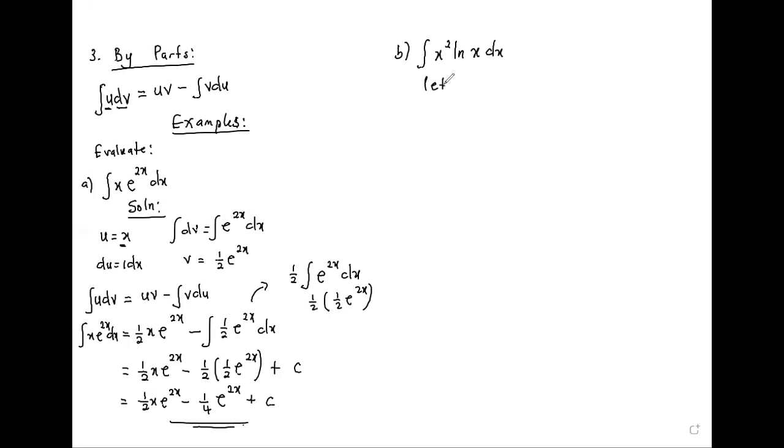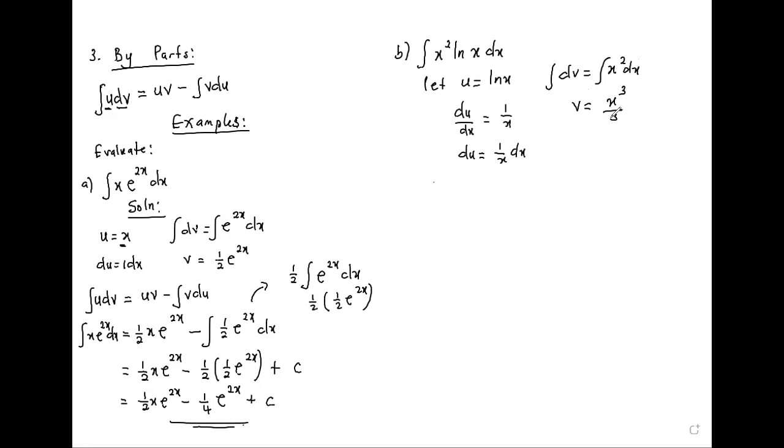So you let u to be your ln x, because its derivative du dx is 1 over x. So cross multiply to solve du, you get 1 over x dx. Then let dv be x squared, so that when you integrate, you get v is equal to x cubed over 3.